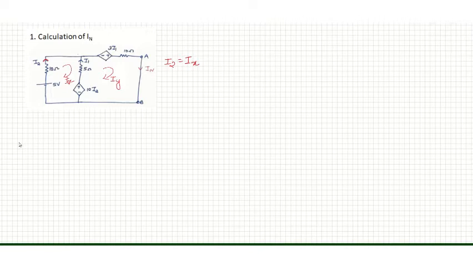Then this is current I1, which is also given in the question, and IX in clockwise direction, so we can write I1 equal to IY minus IX.